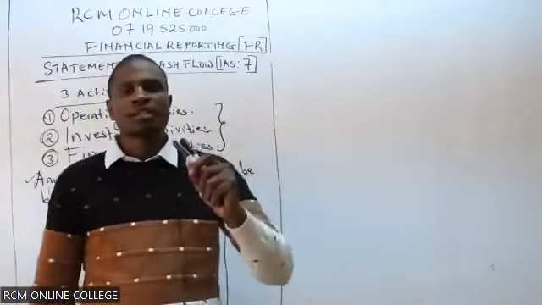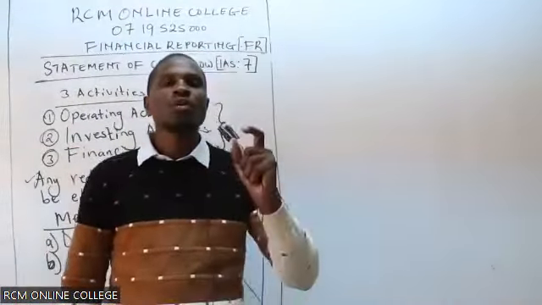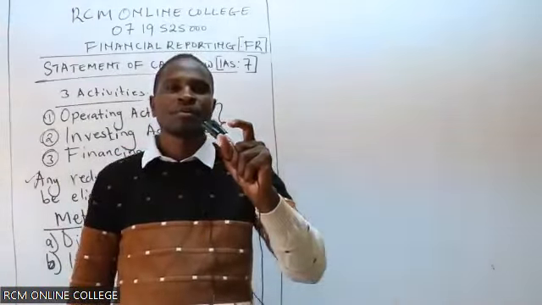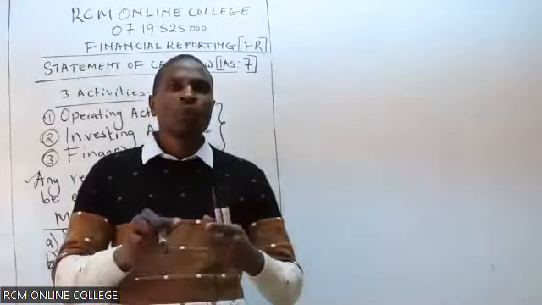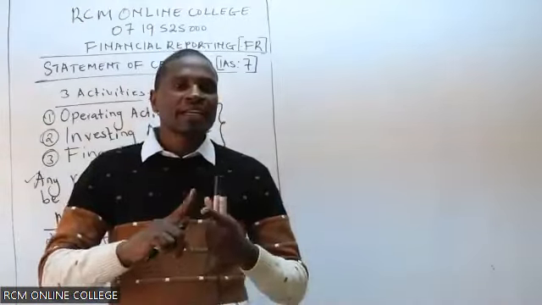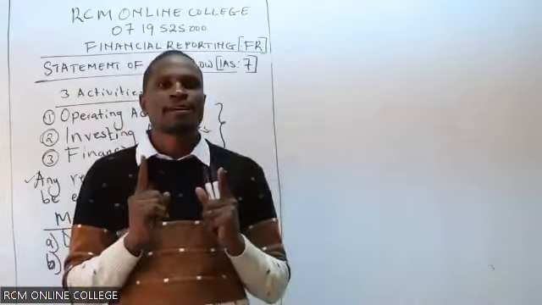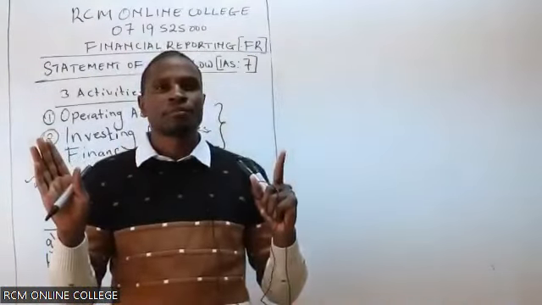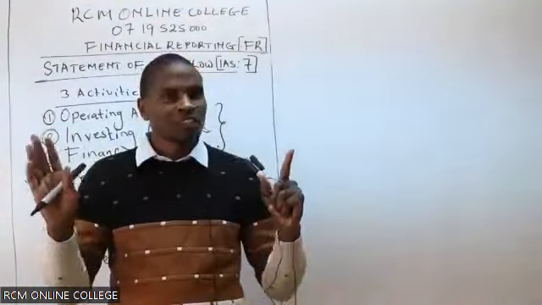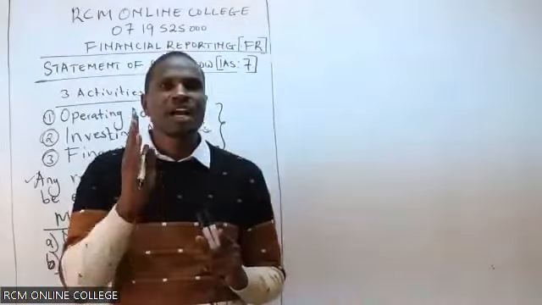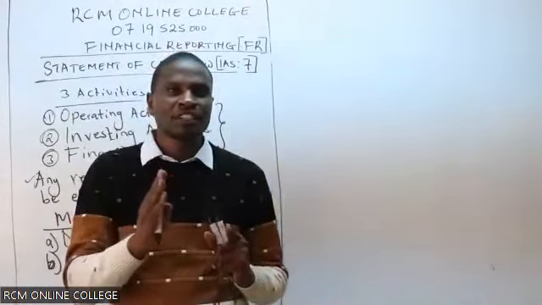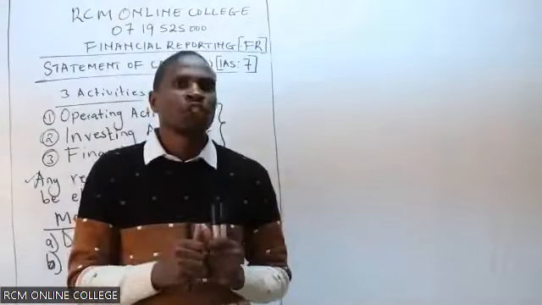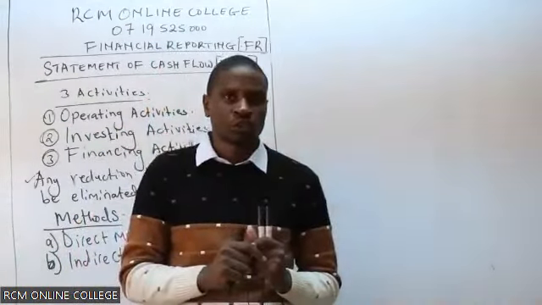Class, when we look at the direct method, it is whereby we need to know the exact cash received from our debtors and the exact cash paid. Once you consider that under operating activity, you will be at a good position to perform in this question.